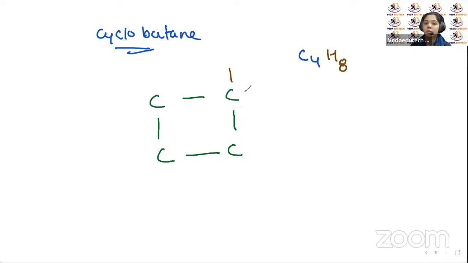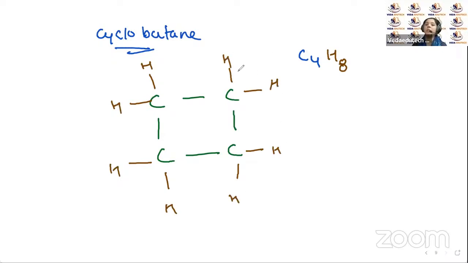We need to balance the carbon bonds. Carbon has 4 in the outermost shell. So we add hydrogen accordingly. Now the same will be for cyclopentane and all.